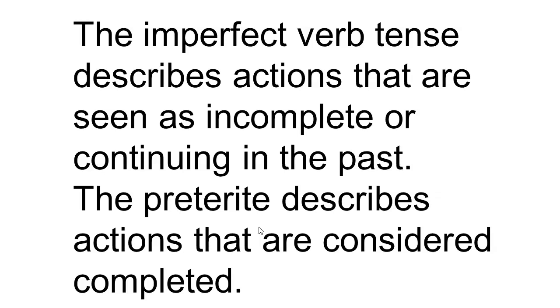In other words, we're talking about actions that went on and on, or that were repetitive or habitual in the past. When we use the imperfect, we're not really concerned with when the action started to occur and then when it ended. When it ended is the concern of the preterite verb tense, but with the imperfect, this just emphasizes the fact that it was done over and over at some point in the past.